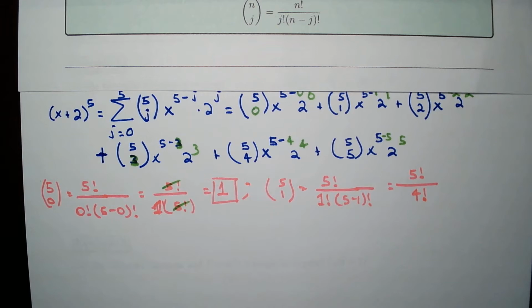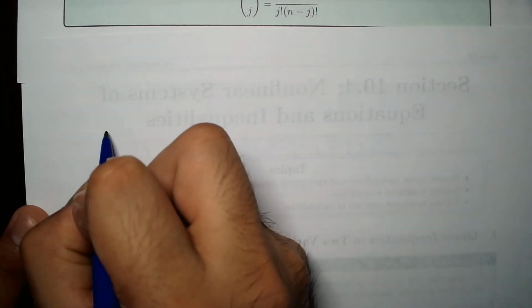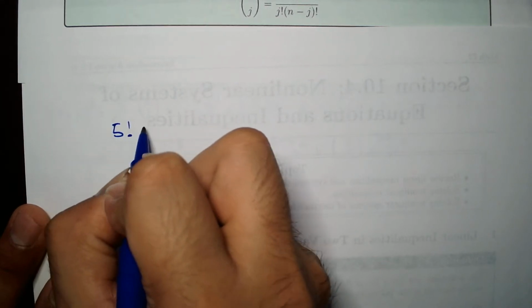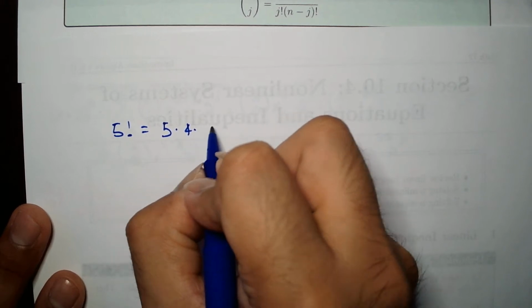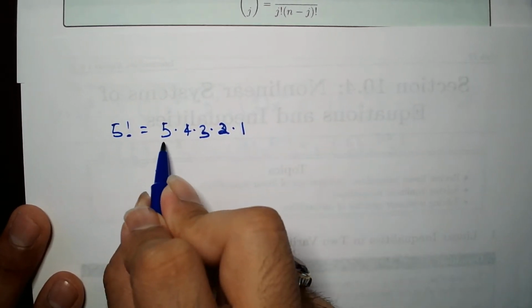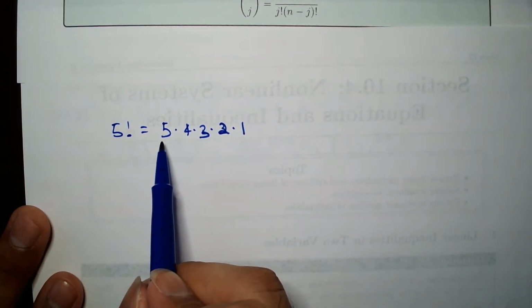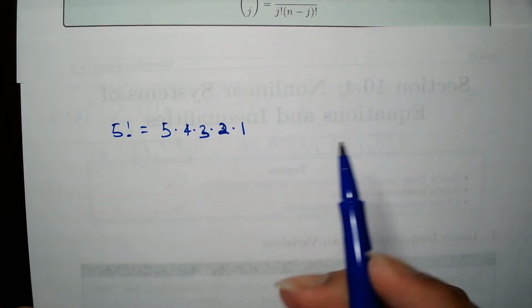Even though there are calculator functions to evaluate factorials, sometimes it's shorter to do it by hand, so let me just quickly show you how to work with factorials. For example, 5 factorial is the same as 5 times 4 times 3 times 2 times 1, the multiplication of all the integers below 5 all the way to 1.